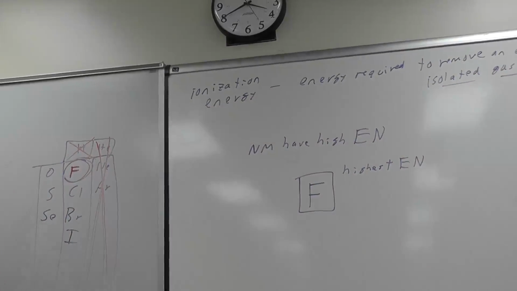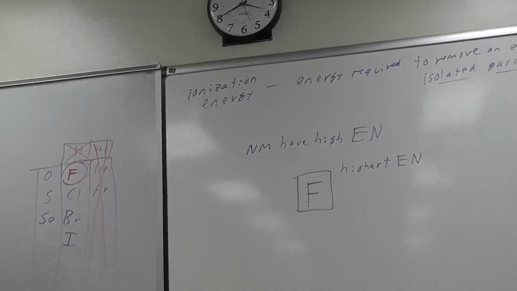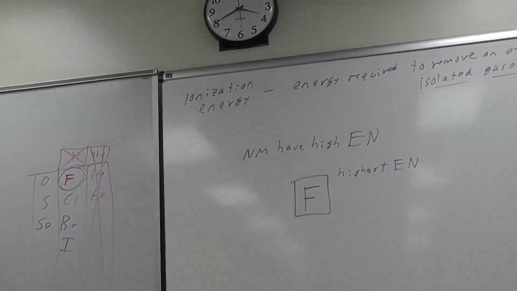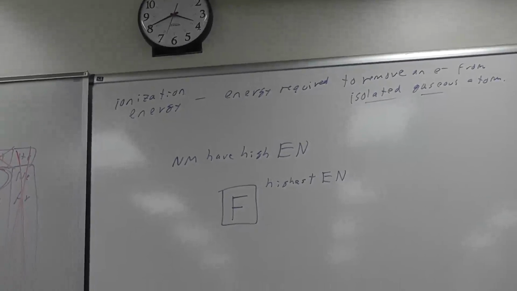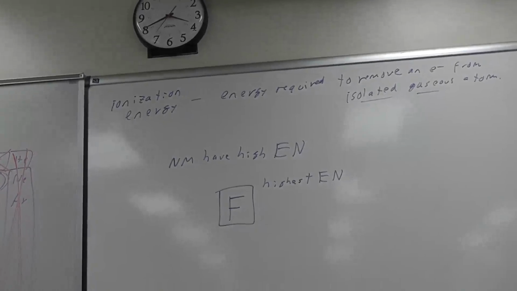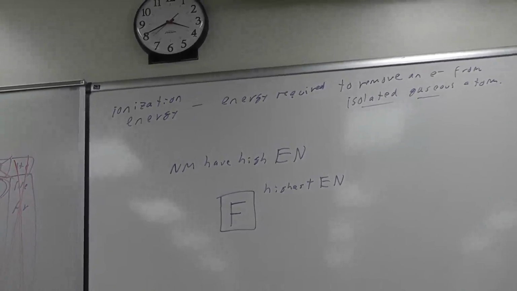A bit of a context difference here. When we were talking about electronegativity, we were talking about bonding. You had a couple of elements in direct competition fighting over the electrons. With ionization energy, that's not the case.